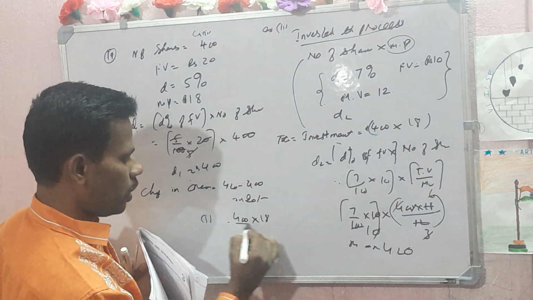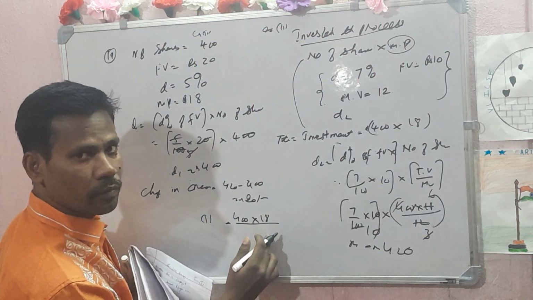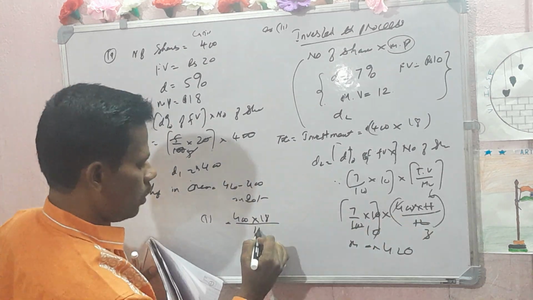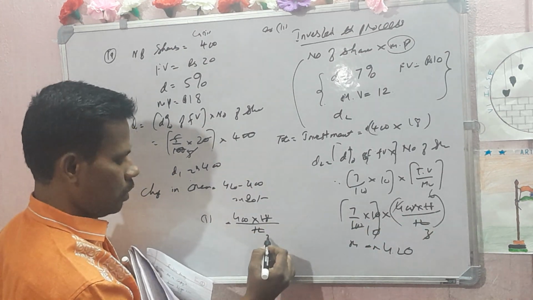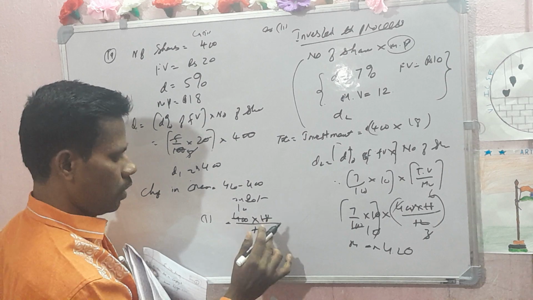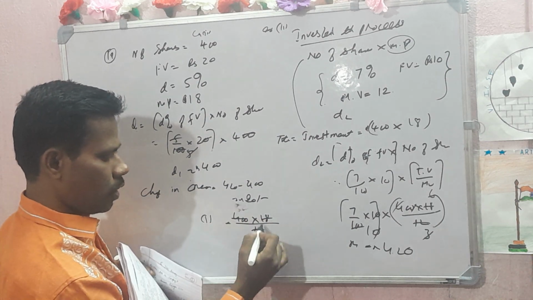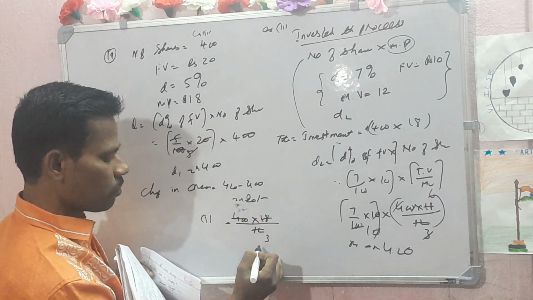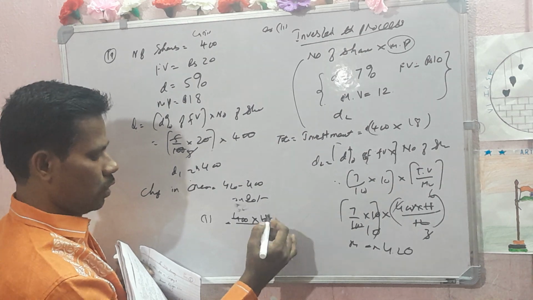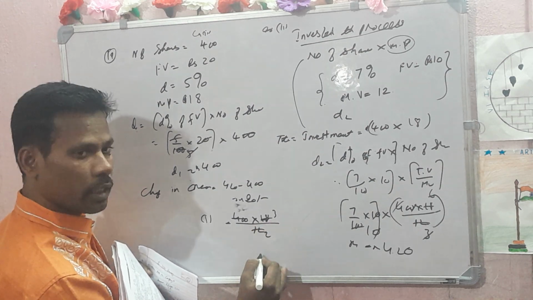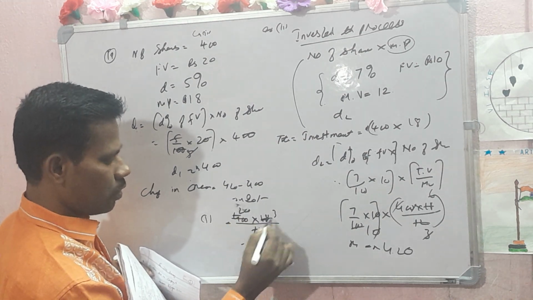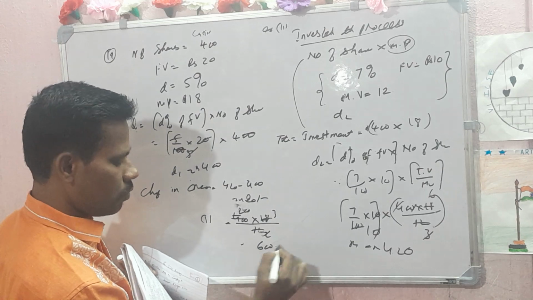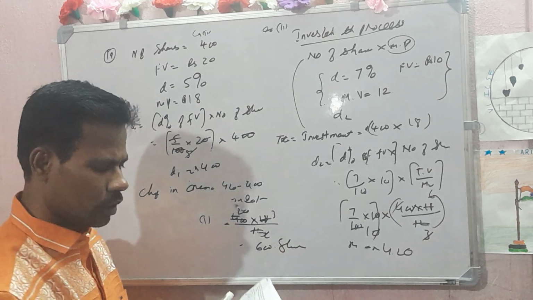Now 400 into 18 by what? 12. 4 3s are 12, or else 400 into 18 by 12. How will you do it? 6 2s are 12, 6 3s are 18, 2 1s are 2, 2 2s are 4, 3 2s are 6, so 600. That means 600 shares.